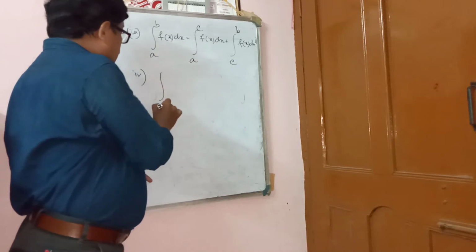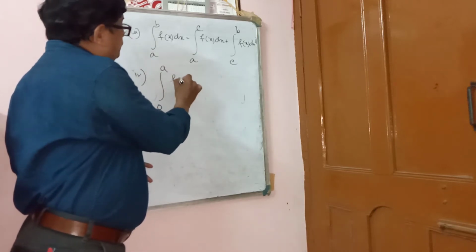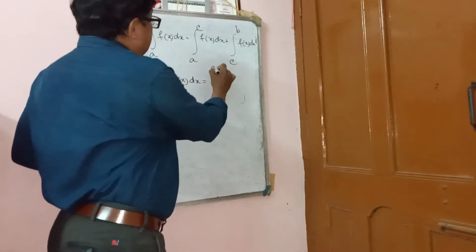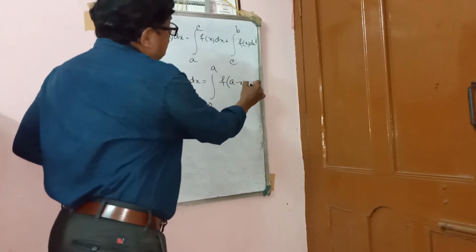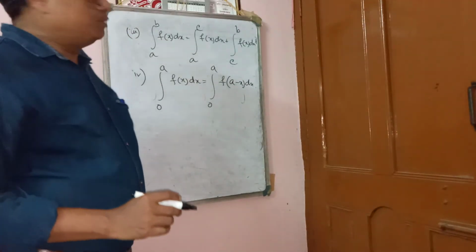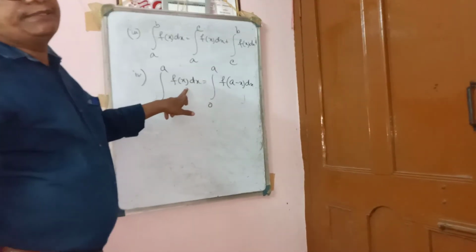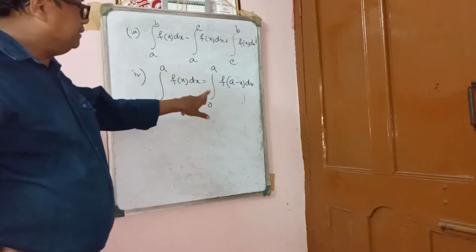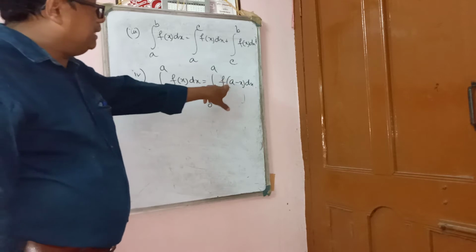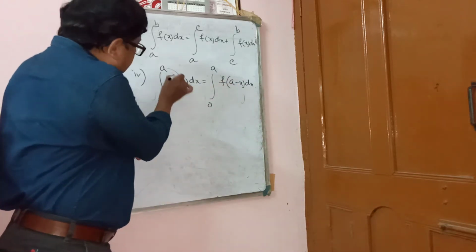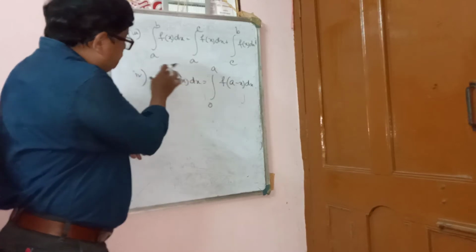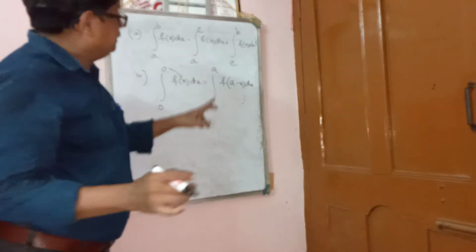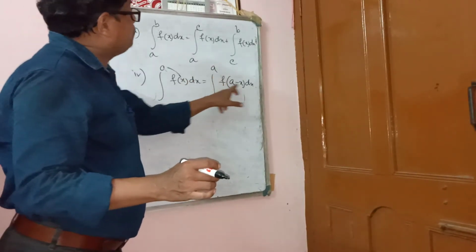Suppose 0 to a f of x dx. We can write 0 to a f of a minus x dx. Here f of x is given, so 0 to a f of x dx equals 0 to a f of a minus x dx. In place of x you put a minus x: first a, then minus x.